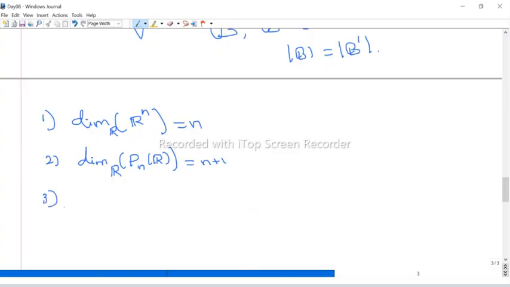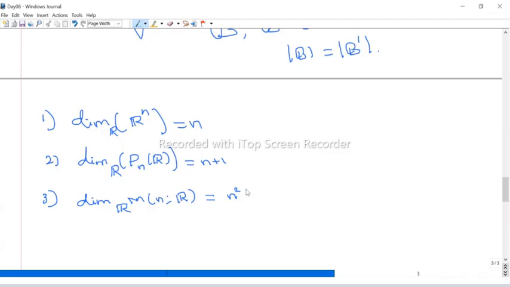And if we take the set of all n by n matrices with real entries, this forms a vector space over R. What is the dimension? It is n square, because each entry contributes 1.